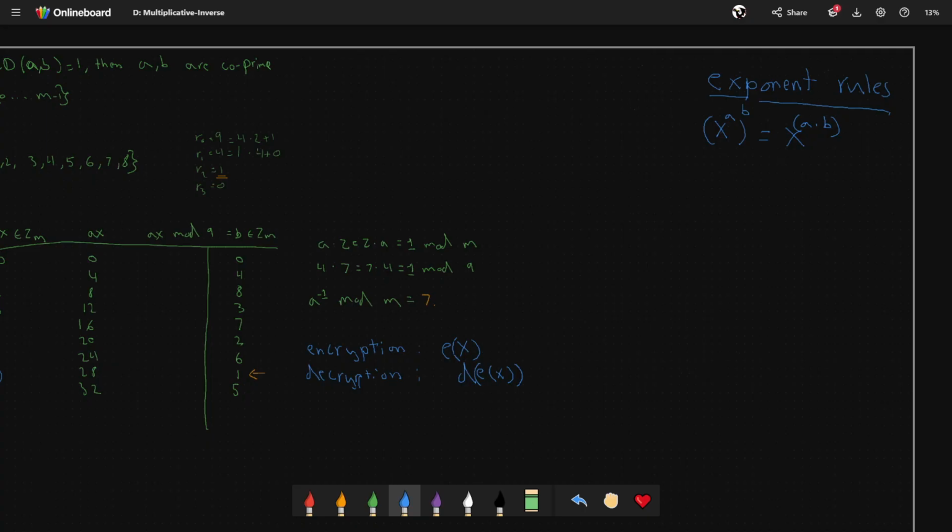Some of you might see where I'm going with this. What this means is if we have two distinct integers a and b, which produce the product 1, then we can take x to the power of a to the power of b, which then becomes x to the power of a multiplied by b, which is then just equal to x to the power of 1.